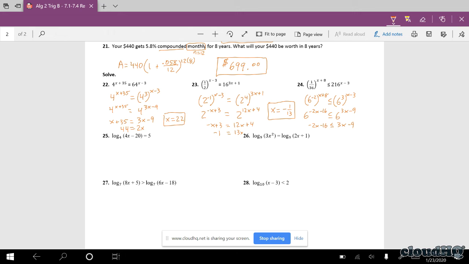I'm going to subtract 3x from both sides. I'm also going to add 16 to both sides. Then I have to divide by a negative 5. It is an inequality, so that does switch the inequality sign when I divide by a negative. So x has to be greater than or equal to negative 7/5. No domain restrictions to worry about there.